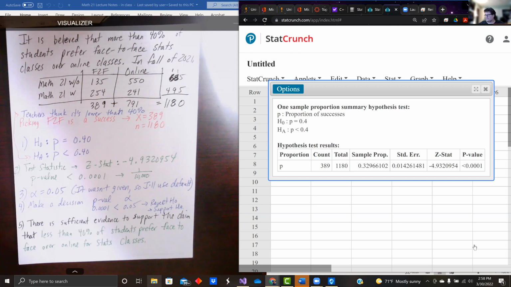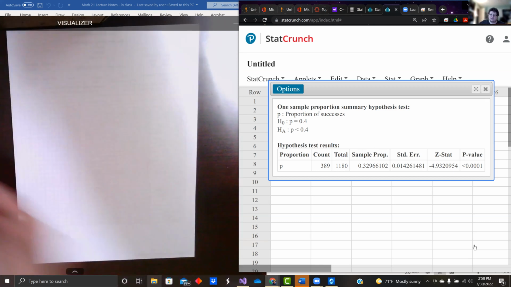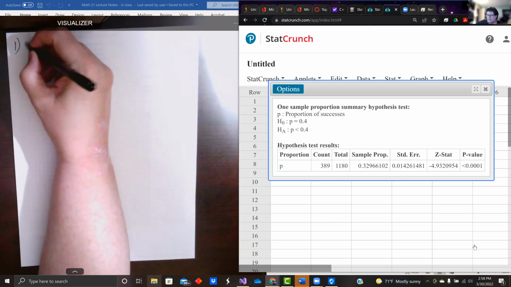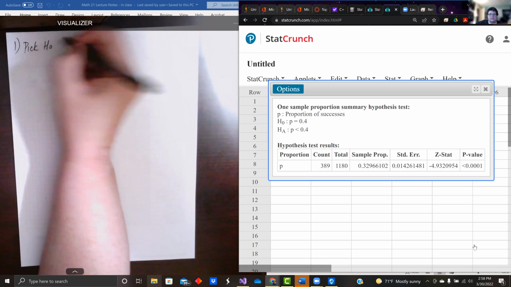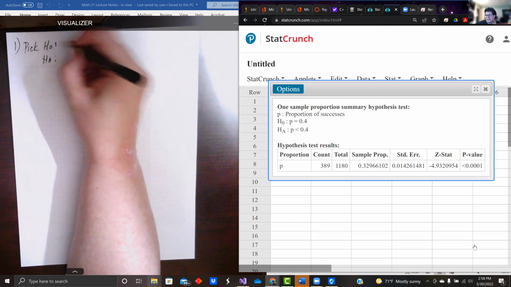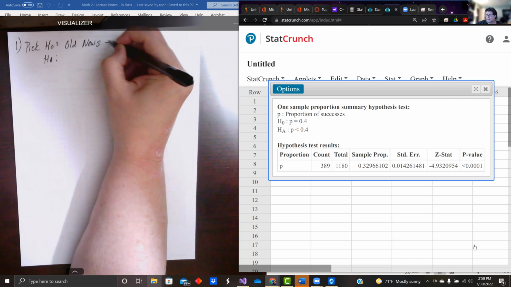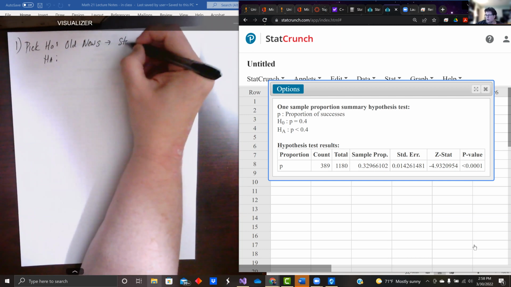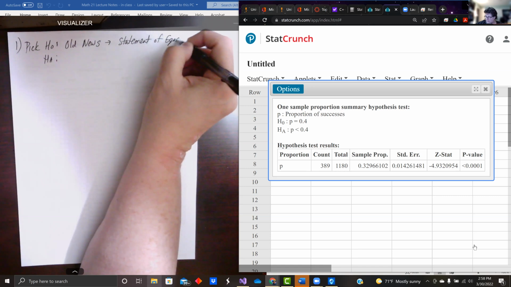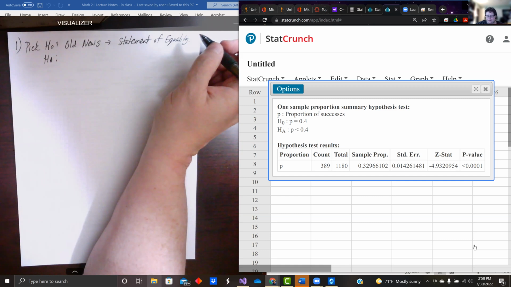So let's walk through it again and just go over what we were doing. What we did was we had to pick H0 and HA. And H0 is the old news or old information. It's a statement of equality. Because in reality, this test wouldn't stop here.